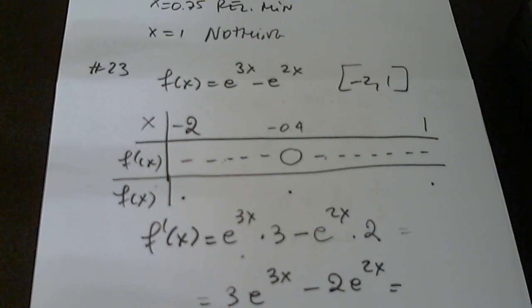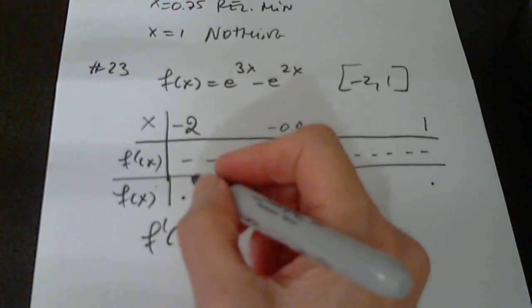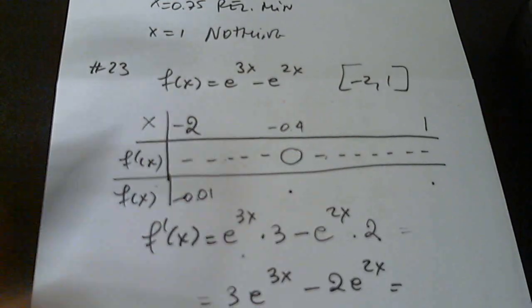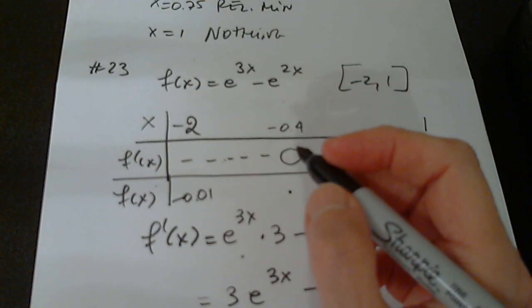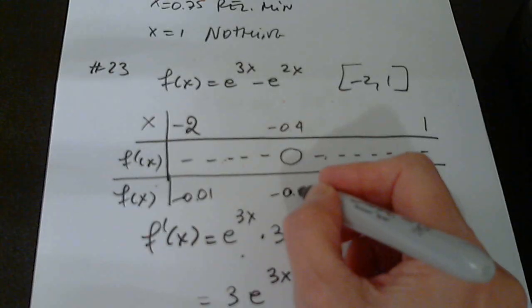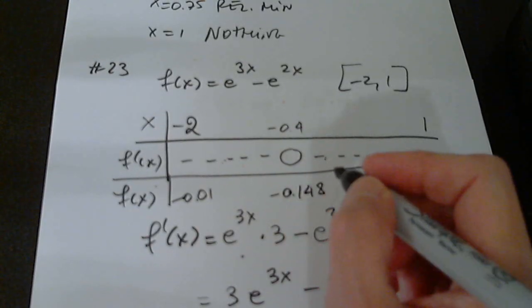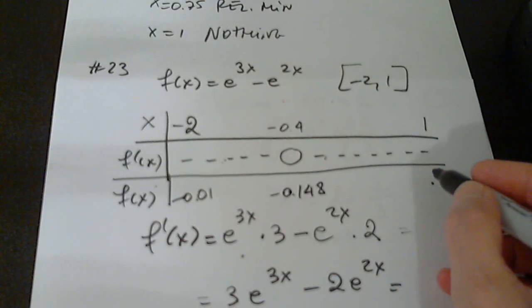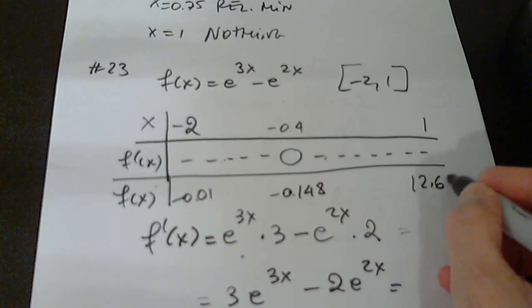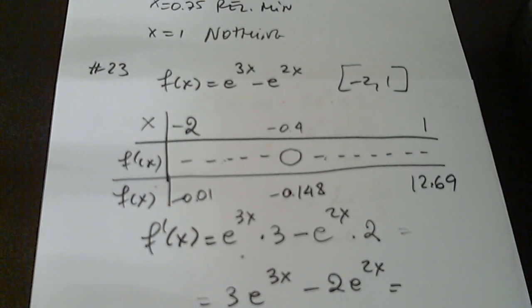When I plug in -2, I got -0.01. When I plugged in -0.4, I got -0.148. And then when I plugged in 1, I got 12.69.